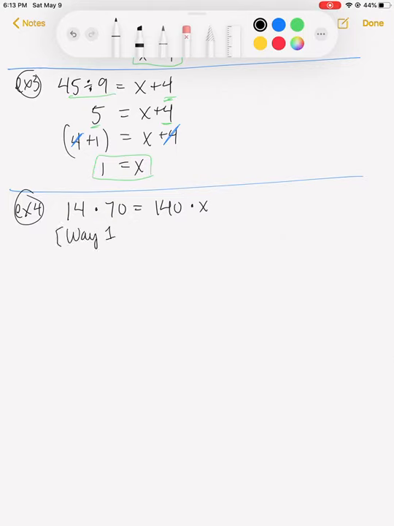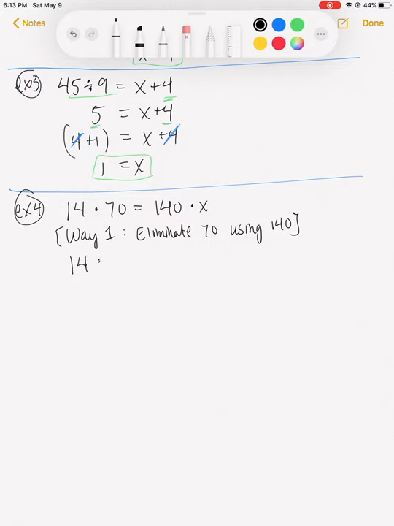Way number 1: I have x with 140, and 14 times 70, so I can eliminate the 70. I can eliminate the 70 using the 140. So we're going to go ahead and do that.